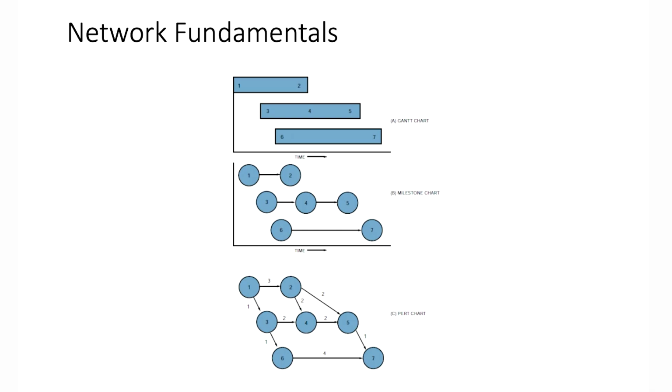When you combine the Gantt chart with the milestone chart, you will get the PERT chart. From the PERT chart, you can understand the critical path of the activity and the duration of the project. And here is a visual representation of a PERT chart.